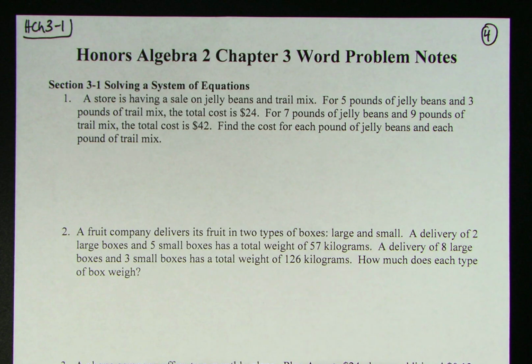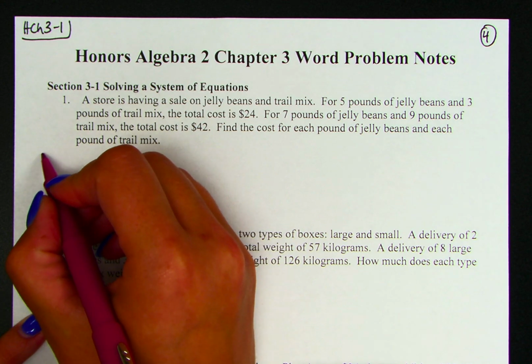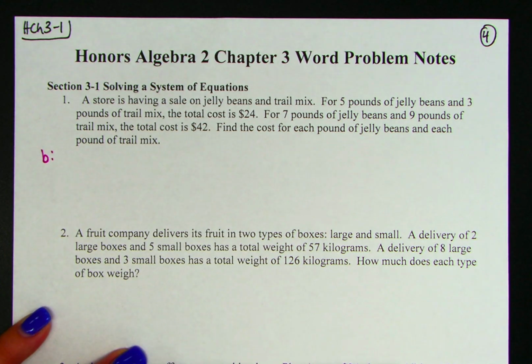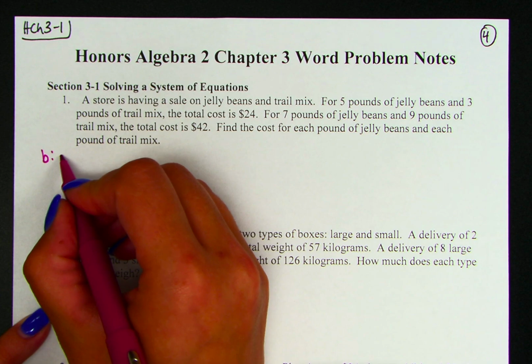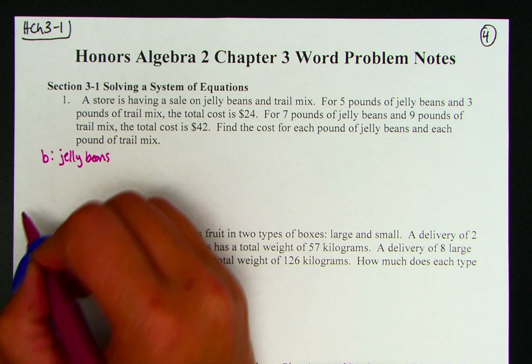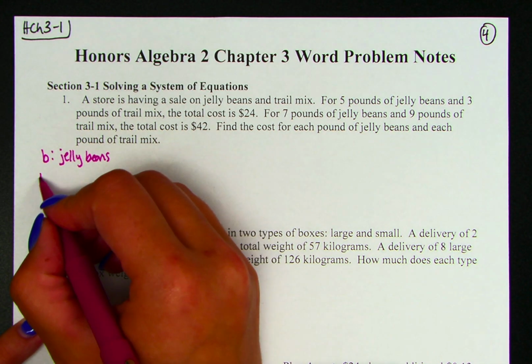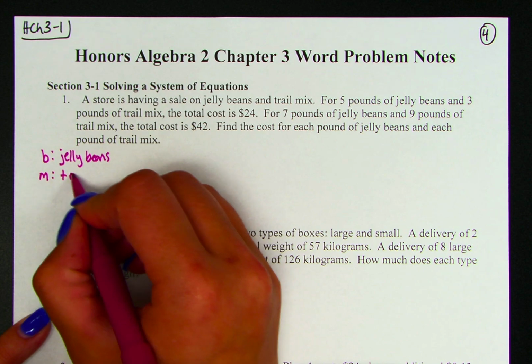So as we are working through this, whatever we are trying to find should have some type of representation in our variables. So for this, I'm going to use B to represent the jelly beans. And I am going to use M, because I don't want to use T, to represent the trail mix.